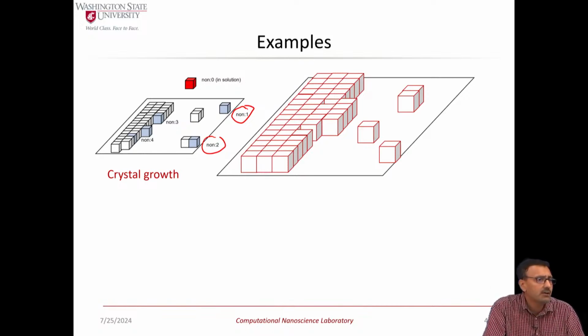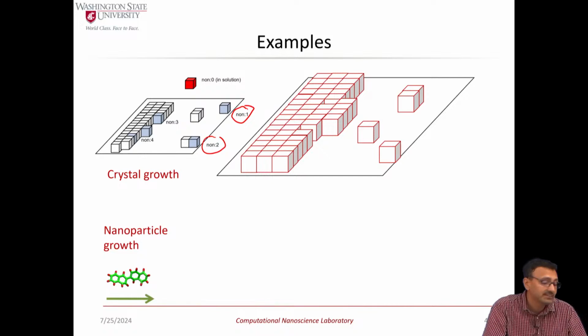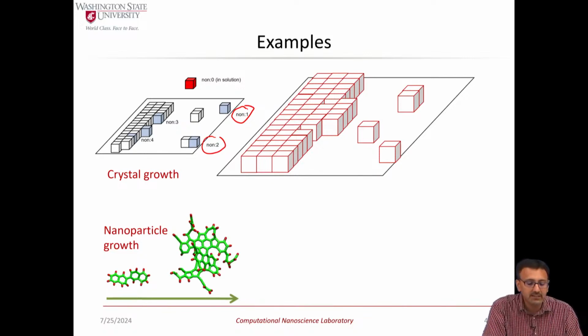Another example of how this method has been used is in a very different application, which is the growth of a nanoparticle. The one I am showing you is a soot precursor. When you have combustion processes, soot is generated, and one of the soot precursors is the polycyclic aromatic hydrocarbons. This one is pyrene, there is coronene, and the chemistry of it is measured through chromatography and other measurements.